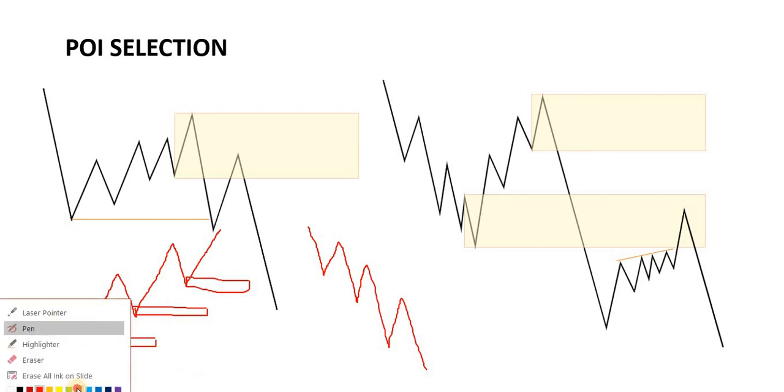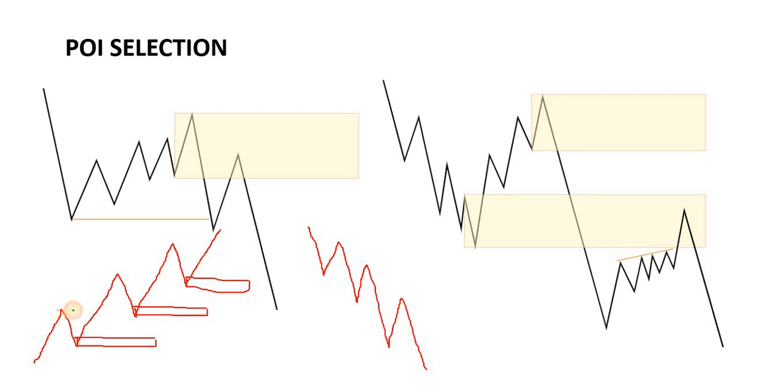While the point of interest that sponsored the retracement move is the secondary point of interest.